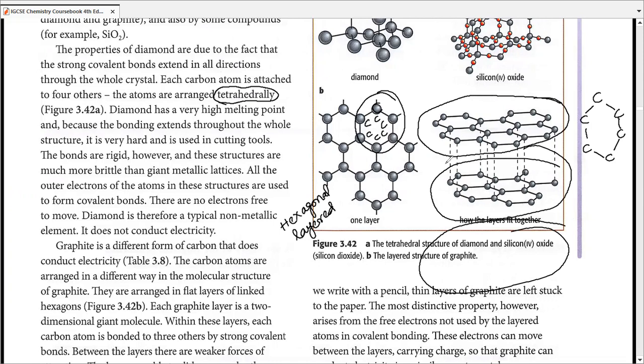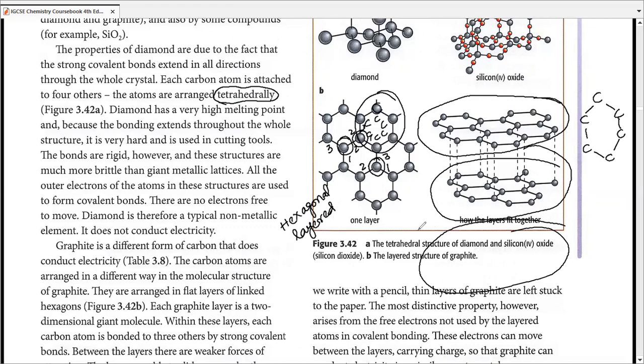So much so that if you look at any of these atoms, if I pick this atom, take a look, it's forming one covalent bond over here, second covalent bond over here, and third over here. If I pick this one out, one covalent bond over here, second over here, third over here. If I pick this one out, one over here, second over here, third over here. So all of these are actually making covalent bonds, similarly like diamond.